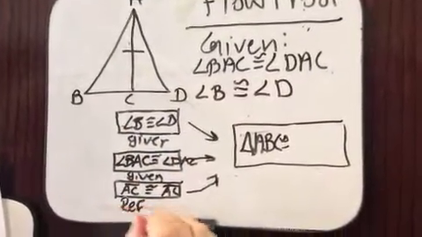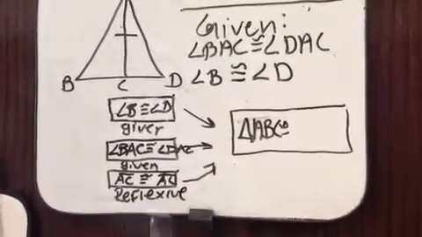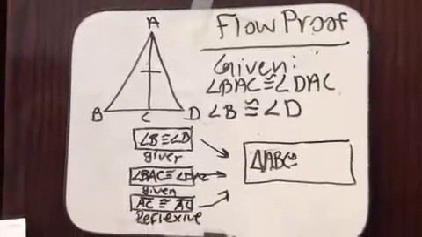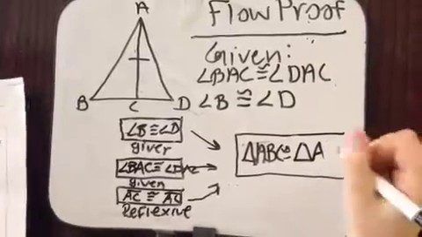And that reason is reflexive property. So after all of these statements, we can now assume that triangle ABC is congruent to triangle ADC.